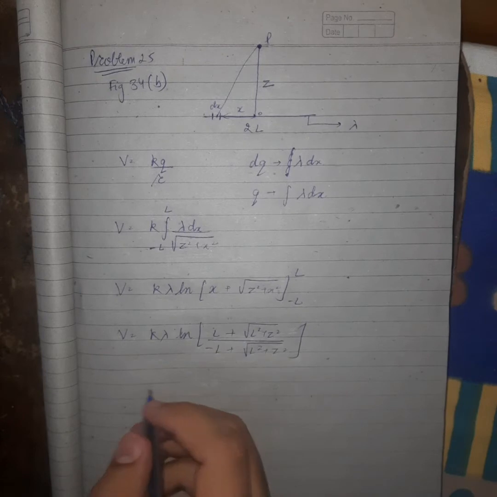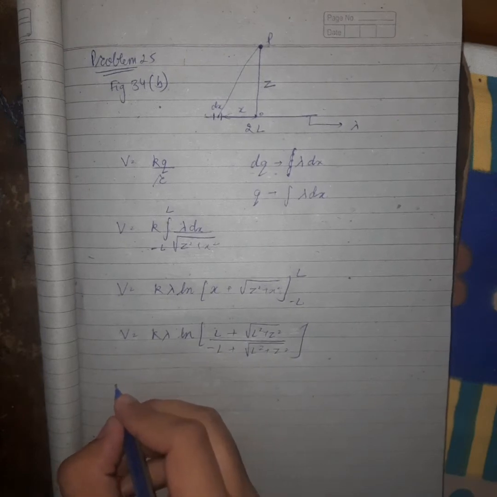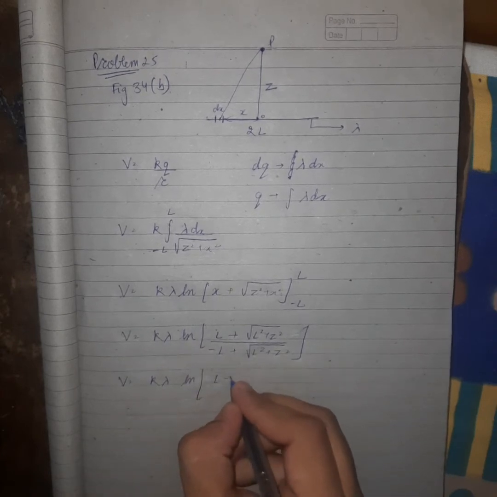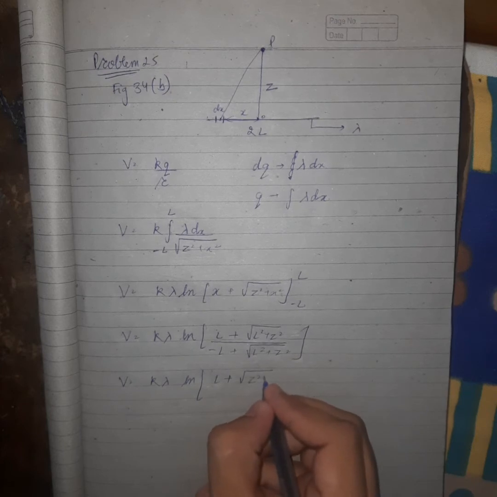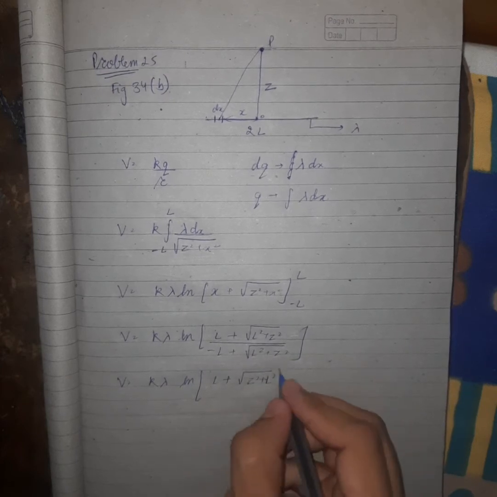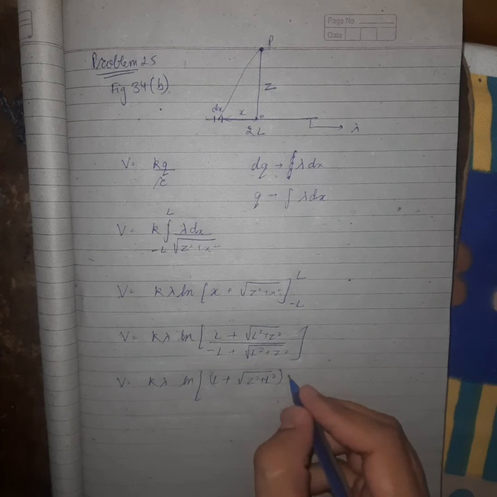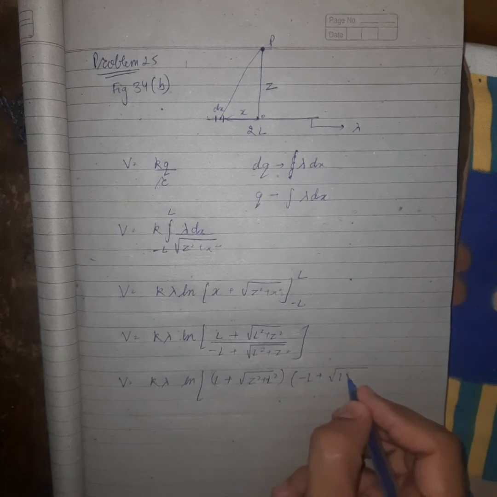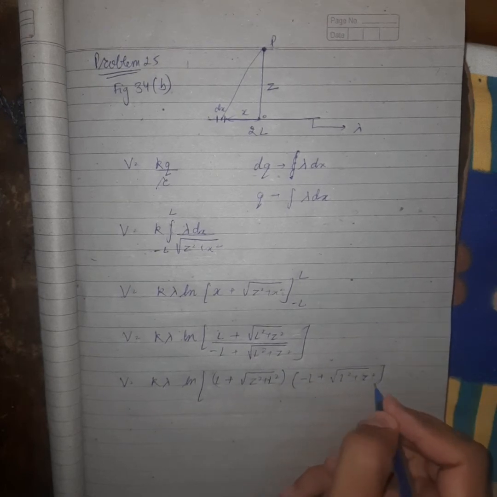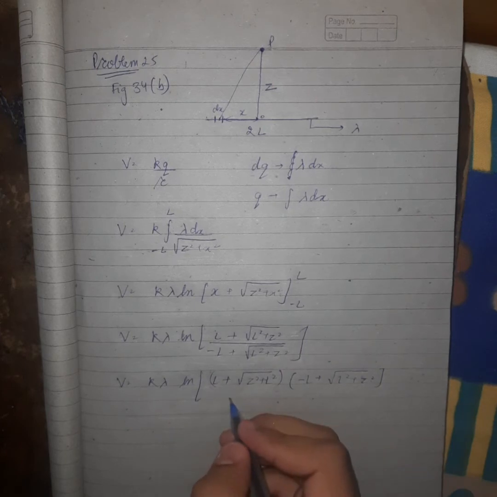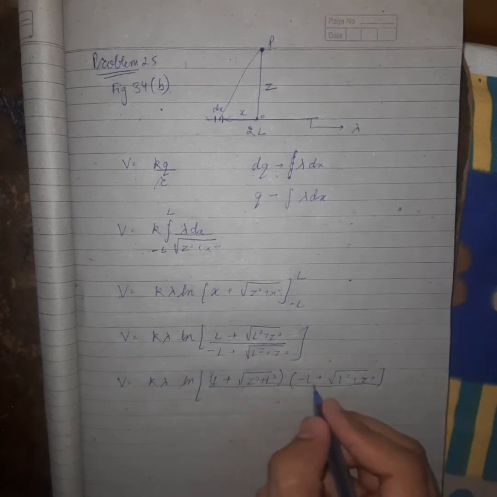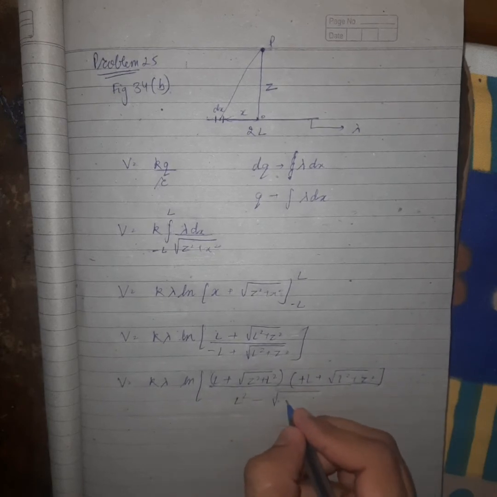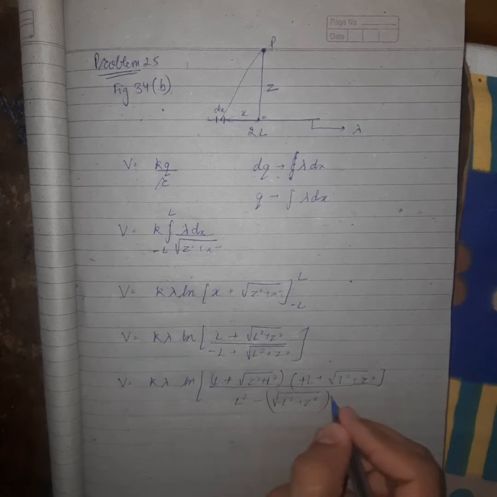On rationalizing, we get k lambda ln of L plus the square root of z square plus L square, multiplied by minus L plus the square root of L square plus z square, upon L square minus the square of the square root of L square plus z square.